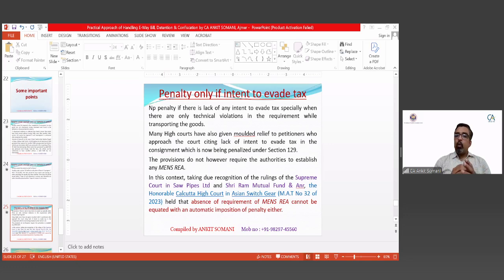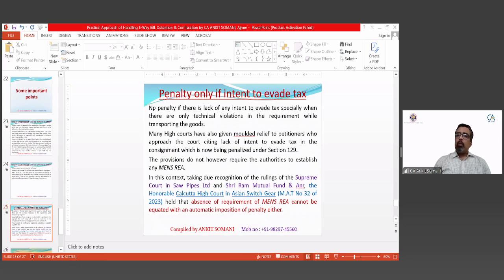Because the order was not passed within 7 days from the date of issuance of notice. Correct? The department had issued notice within 7 days from the date of detention, but failed to pass an order within 7 days. This is again very important. In such a case, the impugned order passed under section 129 was quashed. That is the important judgment of the Madras High Court in the Deepam Roadways case.